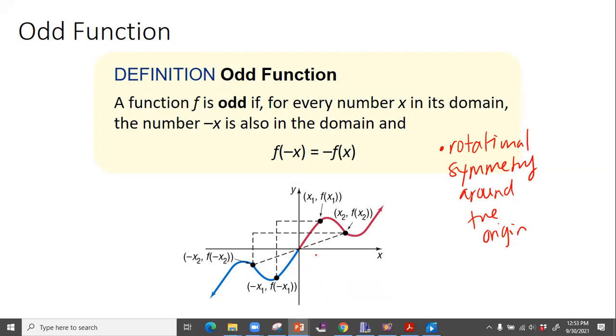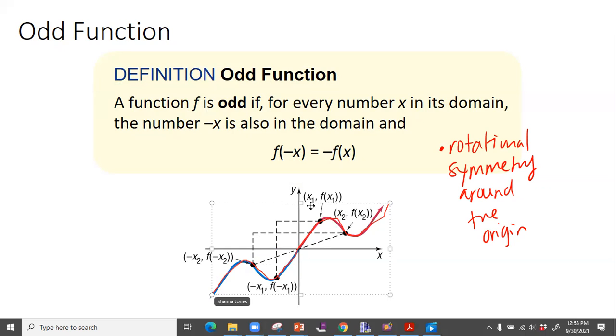Essentially what this means is that if you take this function and rotate it 180 degrees, it would still look the same.